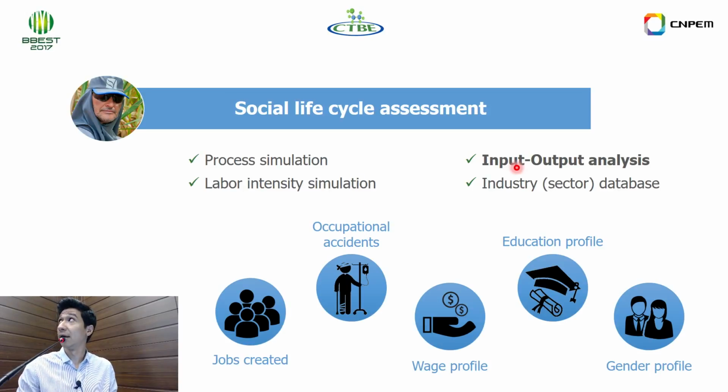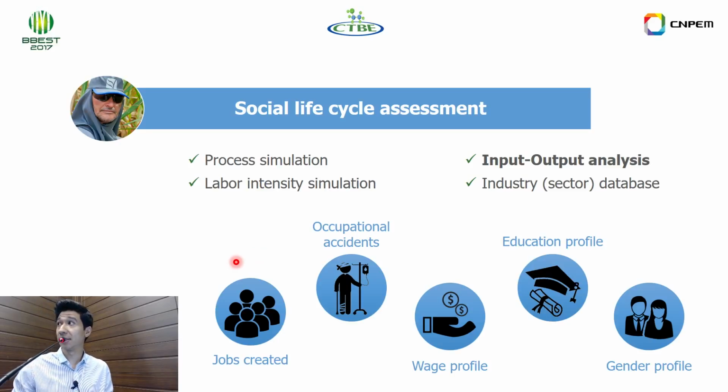And how do we do it? We need to have an input-output database and then track, for example, the impact of ethanol production over the entire supply chain. For example, what is the impact on workers, not only from the sugarcane field, but also from the fertilizer industry and also the diesel industry. Every input that is used in the biofuel production, we have to measure their impacts on a given stakeholder category.